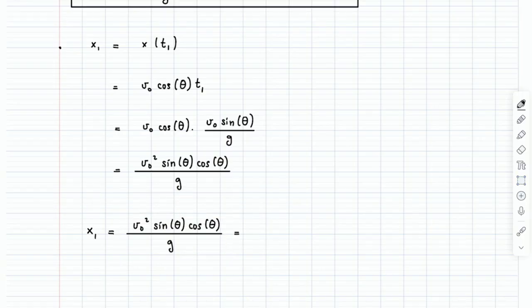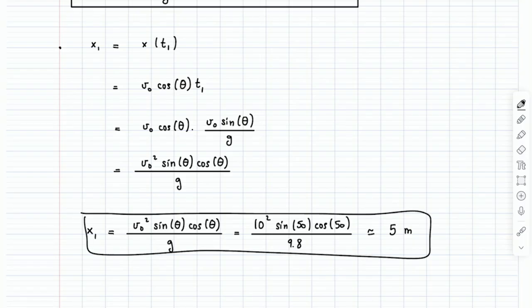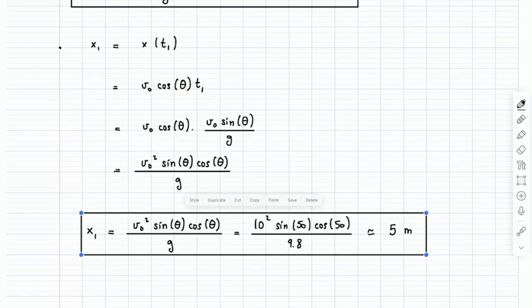It is going to be 10 squared sine of 50 first, cosine of 50, there we go, divided by 9.8. And then that's going to be approximately, that's about 5 meters, give or take, if you accept a little bit of rounding. Okay, so that's where he is when he reaches his max height of 3 meters.